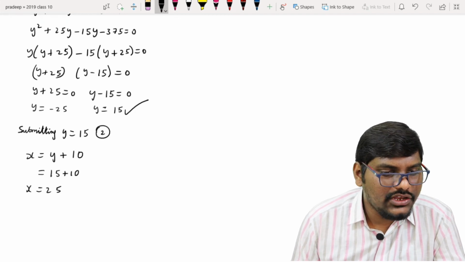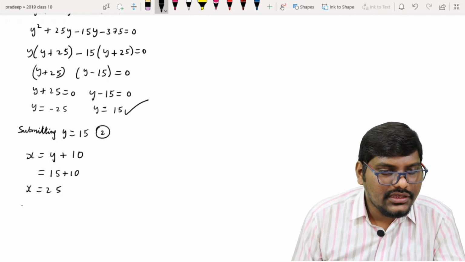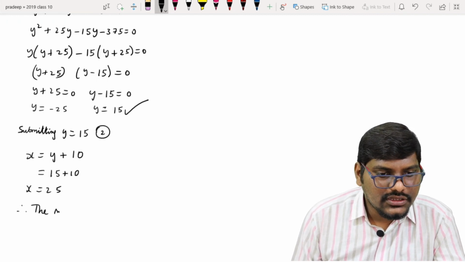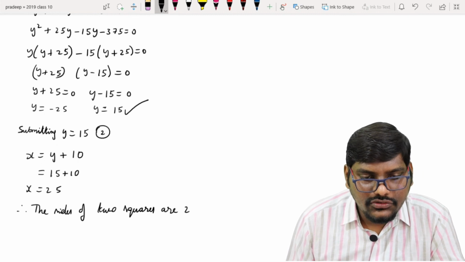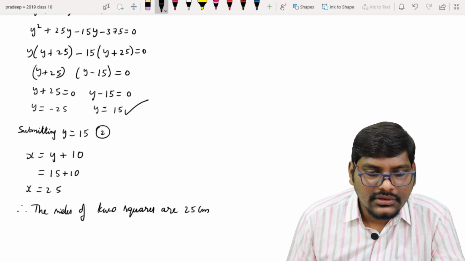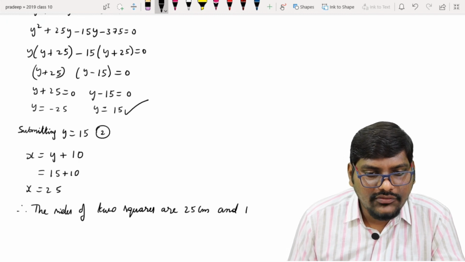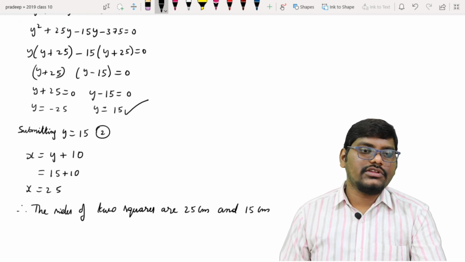Alright, so we got x value and we got y value also. Therefore the sides of the two squares are 25 centimeter, which we got as x value, and the other one is 15 centimeter. Right, so this is all about this question.